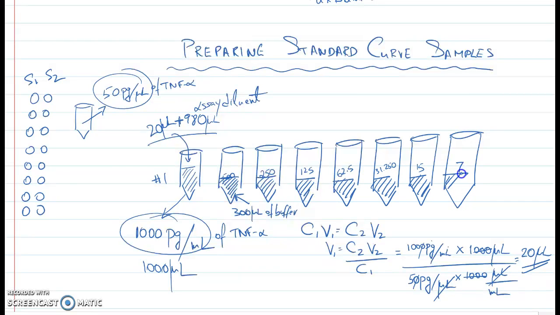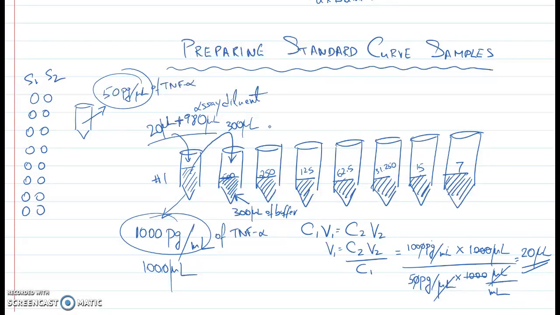No, right? It's just a plain buffer, boring buffer. But here's the trick. I'm going to transfer from the very first tube 300 microliters, something that contains 1000 picograms per ml of TNF-alpha. And I mix it with 300 microliters of liquid which contains nothing.